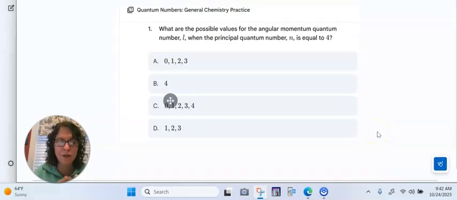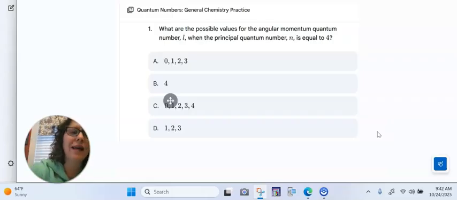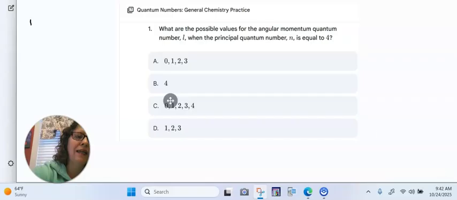Quantum numbers describe where within an atom an electron is located, and each individual electron has to have a different set of the 4 quantum numbers. First, you've got the energy level, that's the n value. The n quantum number is the energy level.